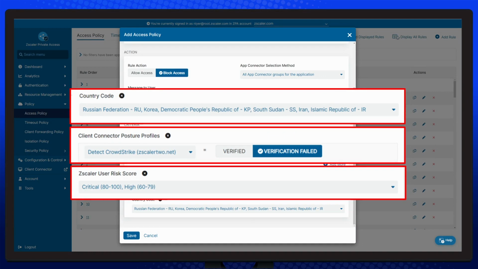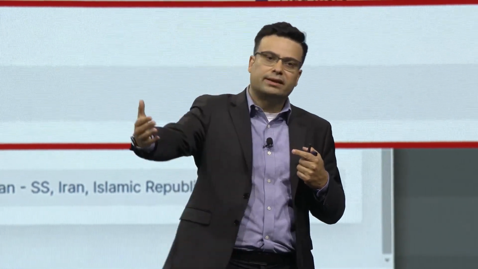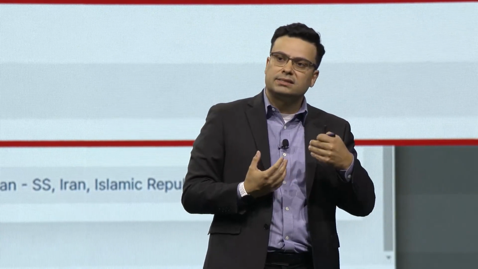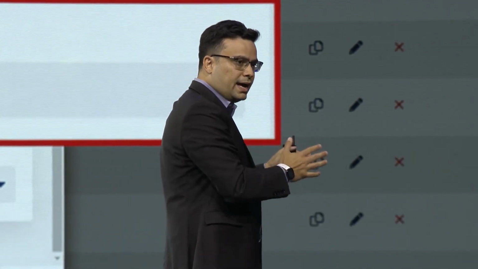So risk scores are computed dynamically in Zscaler world for every single user based on their app traffic that is going through us. So the best thing about this is not just used when user is connecting to the application, but we can also use this to revoke the access if user access is already established to your application as well. So this brings the contextual access of a user to the application that they're accessing as well.